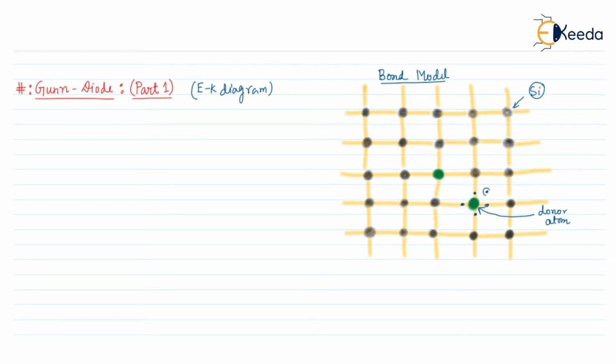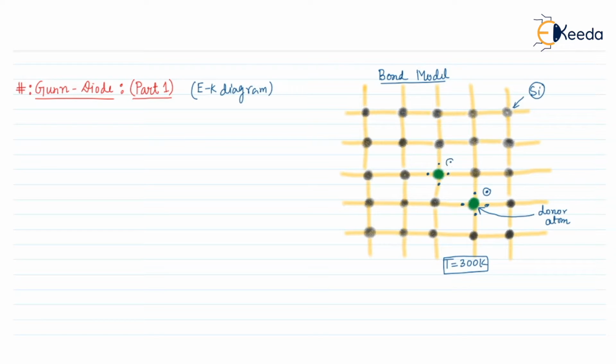This is the free electron that has been freed from this donor atom since the temperature T equals 300 K. We are assuming that the temperature is room temperature. So this donor atom will also give a free electron.